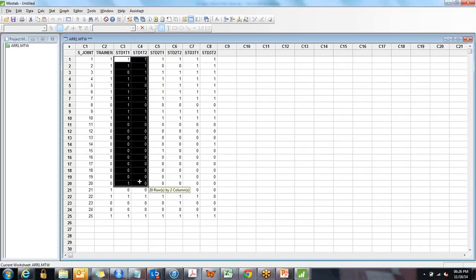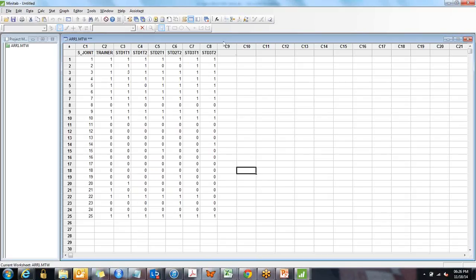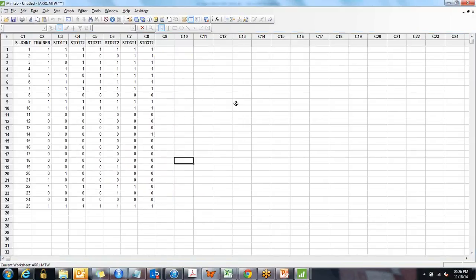Can you just tell me for these 2 columns, student 1, trial 1 and trial 2? How many are not matching? 4 are not matching.